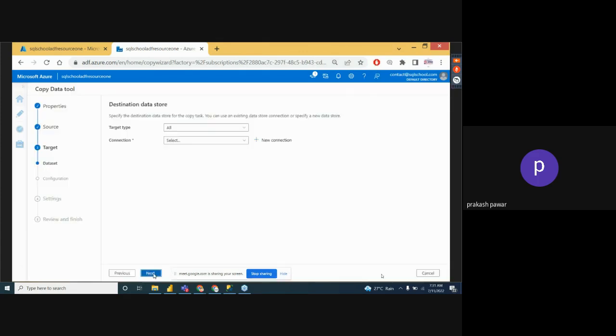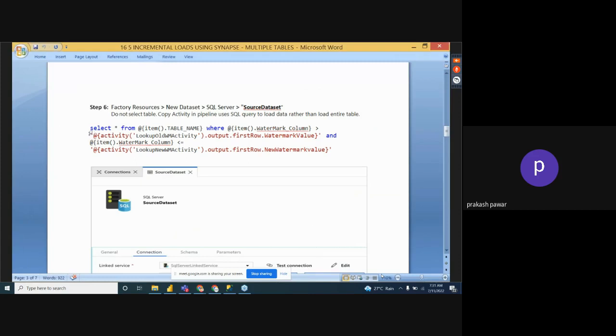Later, when we step into our next level activities, we need to understand something called a parameterized filter. There our query expression looks something like this.